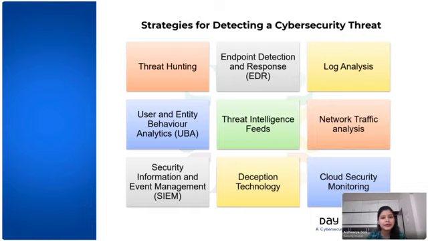Then the next thing that we have is cloud security monitoring. Cloud security monitoring is like extending the monitoring capability, not just keeping it to the on premise, but extending the monitoring capabilities to the cloud environment and cloud resources using the native security solutions.